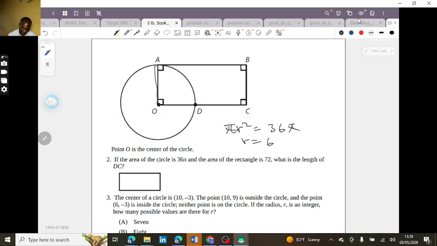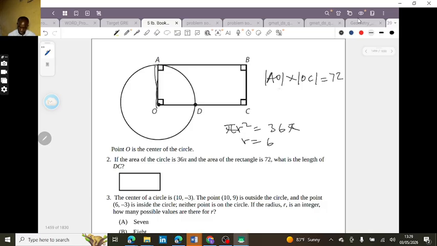AO is the same as radius, but AO is also one of the sides of ABCD, and the area of ABCD is 72. So we can say line AO times line OC equals 72.